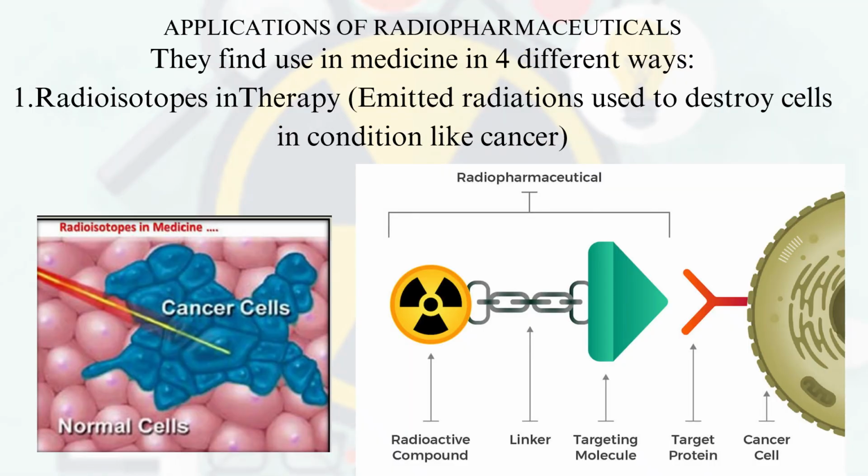Applications of radiopharmaceuticals. They find use in medicine in 4 different ways. The first one is the radioisotopes are used in therapy. Emitted radiations are used to destroy cells in conditions like cancer.